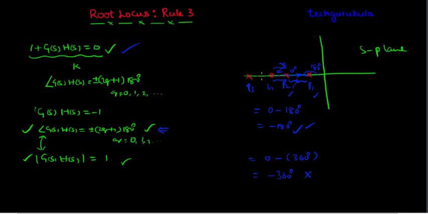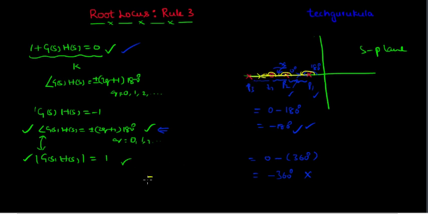If you look at the third section on this real axis, say this point, let's call it P4, then the angle made by the first pole to this point will be 180 degrees, right? And from P2 to this point will be again 180 degrees. The angle made by this zero to this point will be another 180 degrees, and the angle made by P3 to this point will be 0 degrees.